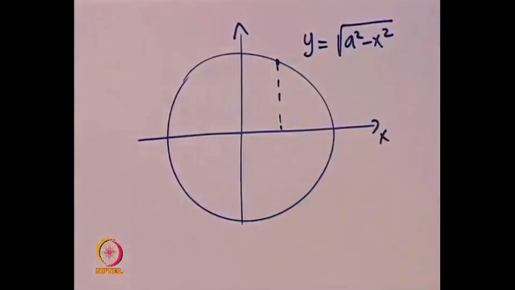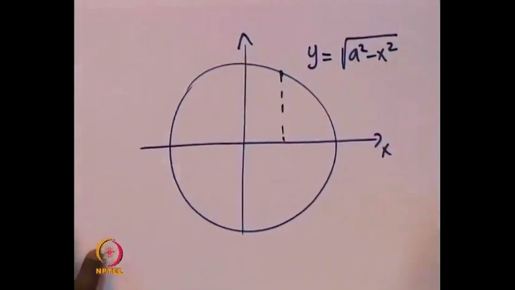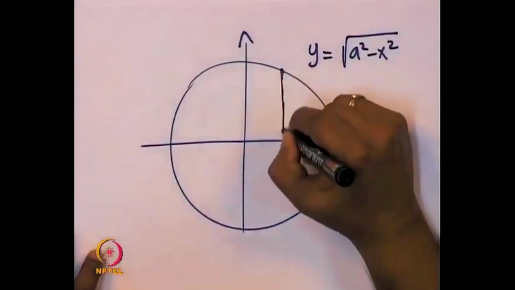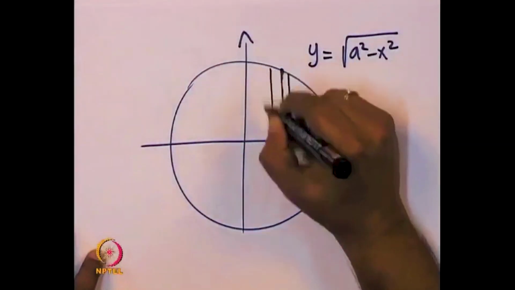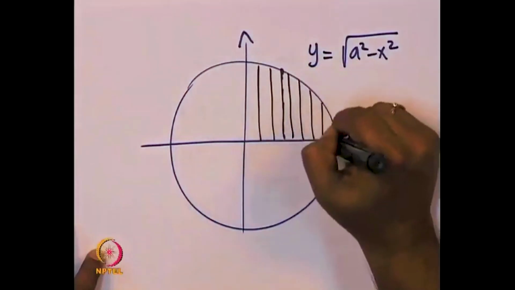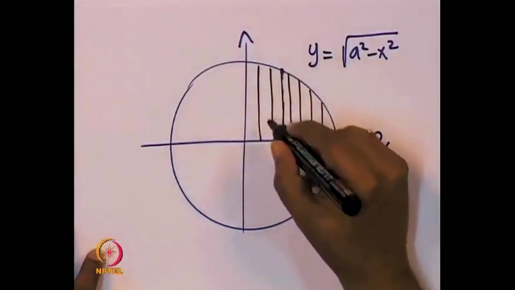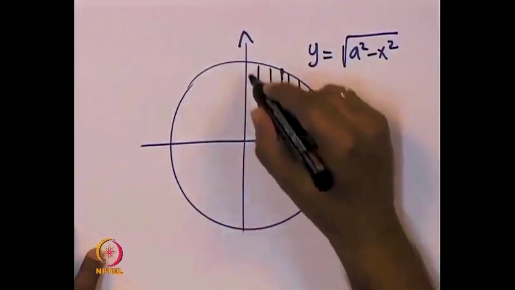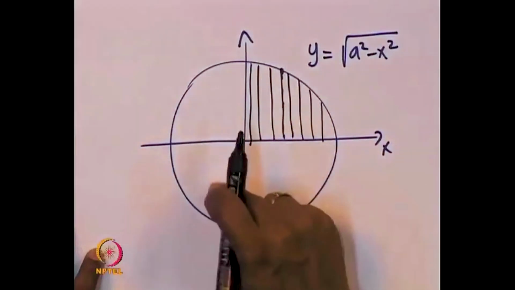Now, we want to calculate the area of this circle and show that it is nothing but the integral of this function. So, how do you calculate area? You can divide this into many small parts like this. Let us first do the area of this quadrant, and then multiply by 4.